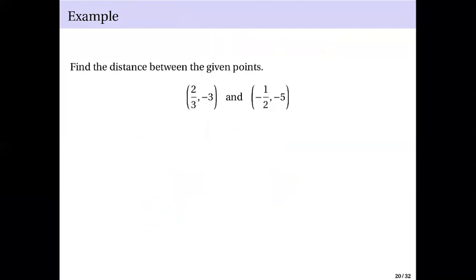Next problem, find the distance between the given points (2/3, -3) and (-1/2, -5).